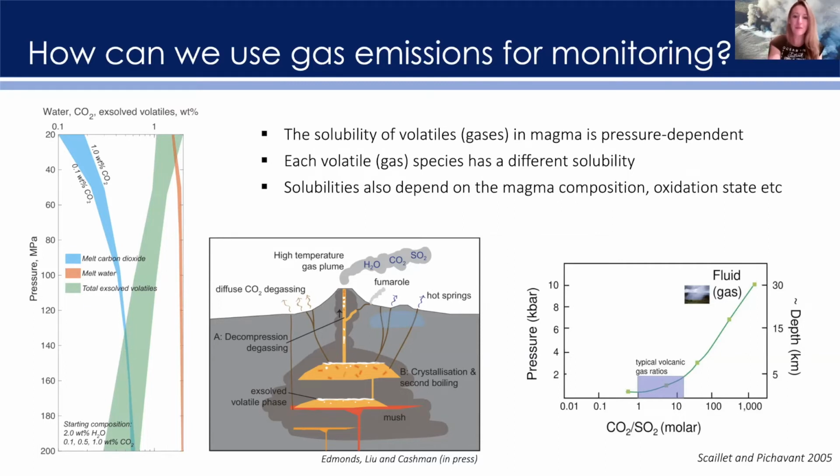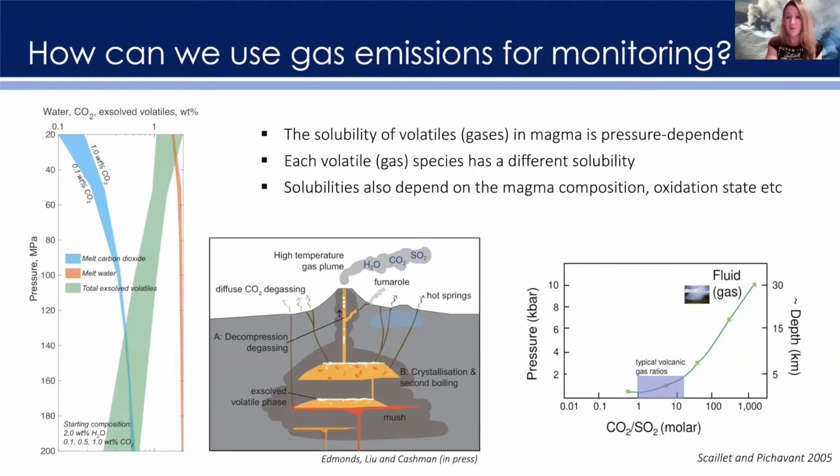An example of one of these models is shown on the left-hand side. You can see that as a function of pressure on the y-axis, the amount of carbon dioxide and water dissolved in the melt changes. At a pressure of around 100 megapascals, we start to see the main drop off in the amount of CO2 dissolved within our magma. And that means it's going into the gas phase.